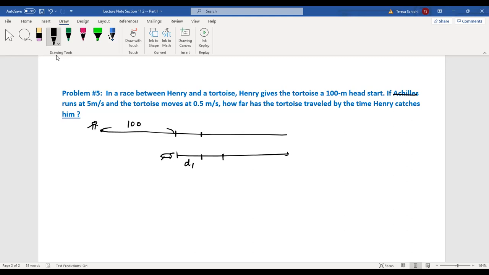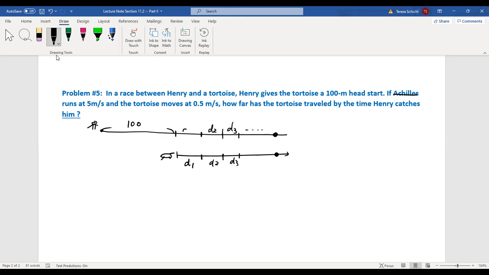Then the tortoise goes to D2, and Henry runs the same distance D2. Then the tortoise goes to D3, and Henry goes to D3, until finally he catches up here. All right, now let's take a look. See here, let's say the D1.